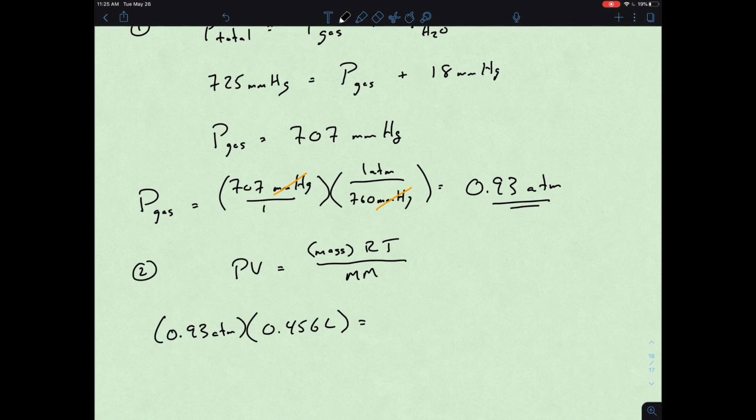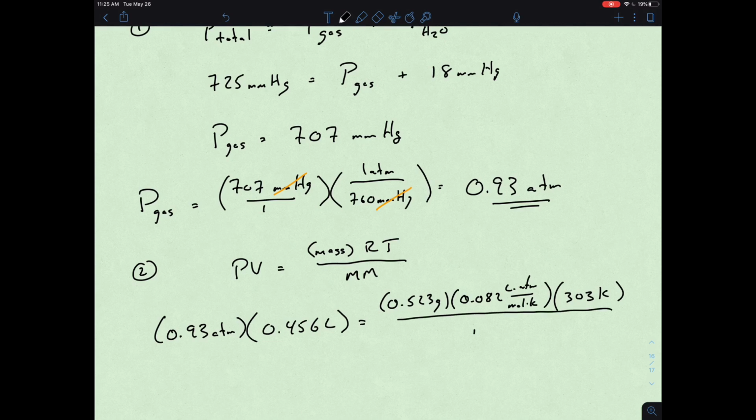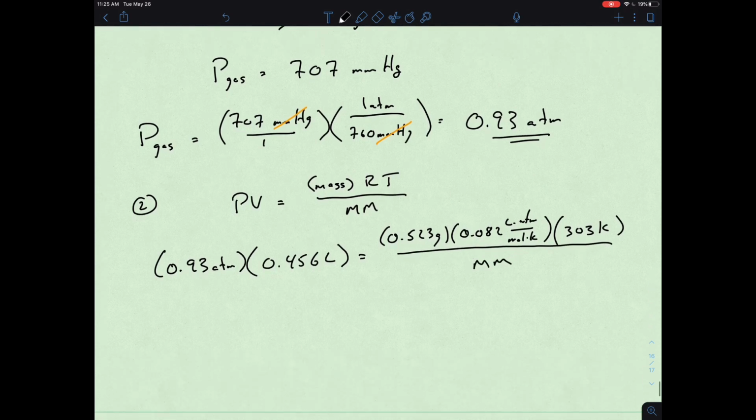We had the 0.523 grams for our mass, the gas law constant, and our temperature was 303 Kelvin. And so that's solving for that molar mass value.